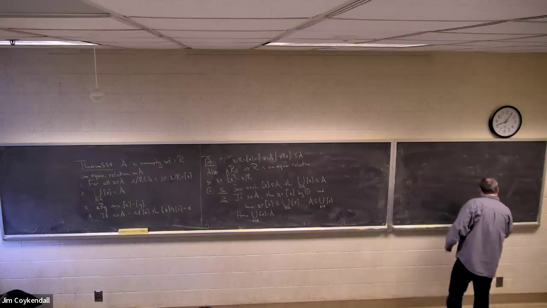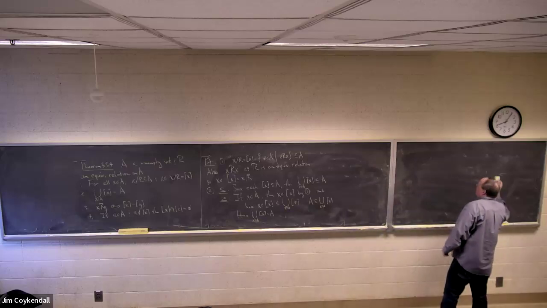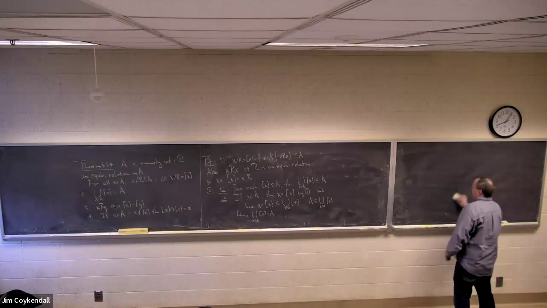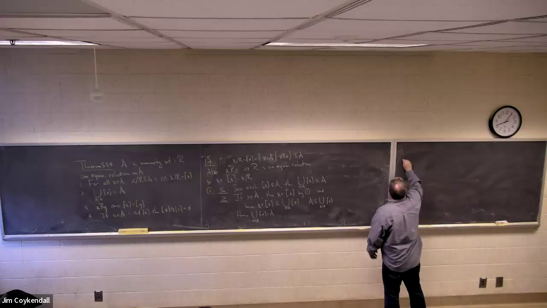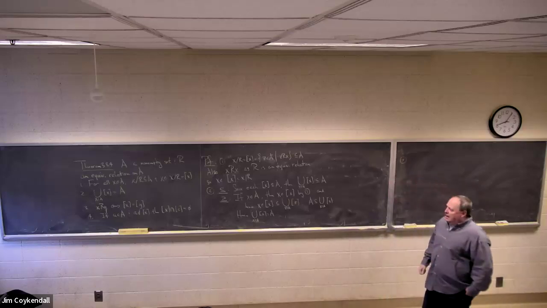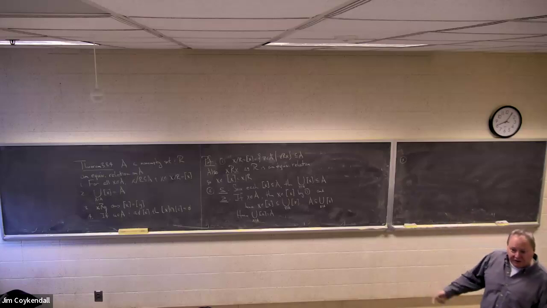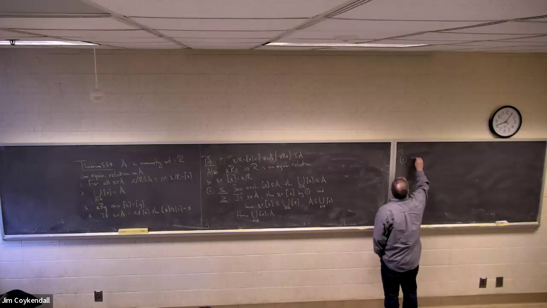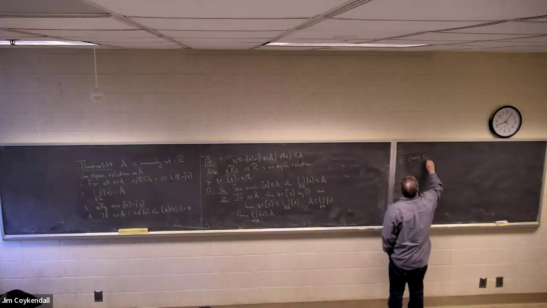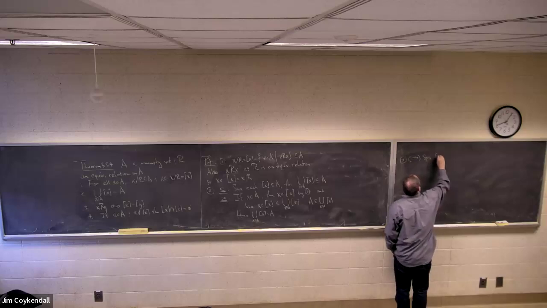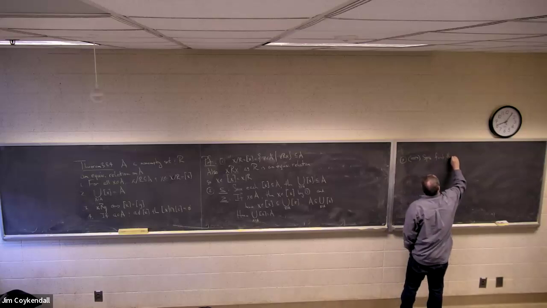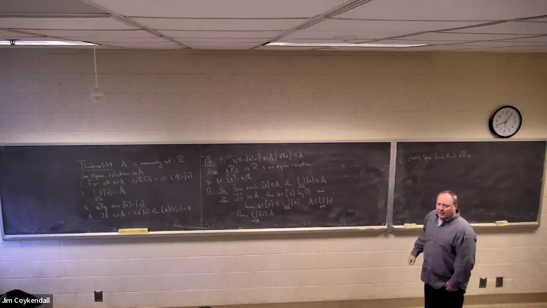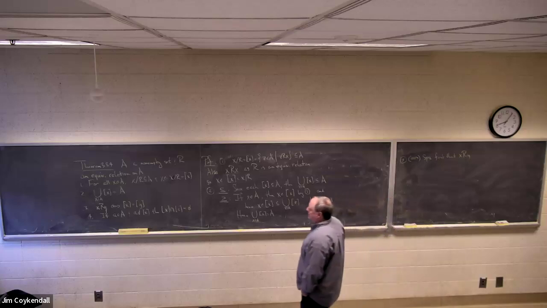Number 3 says that x and y are related if and only if they have the same equivalence classes. Right? Okay, so this is an if and only if. There's two directions to show. Suppose that x is related to y.